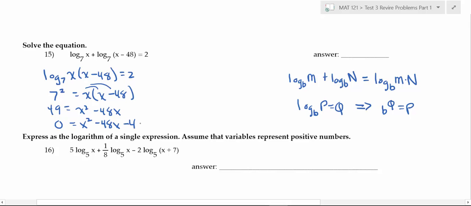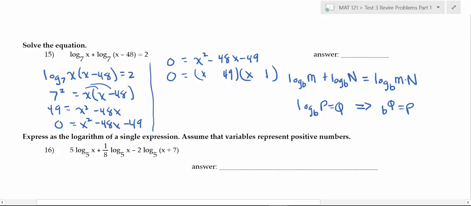Now I'm going to solve this, and it's either going to be factorable or require the quadratic formula. This one should be factorable. So we put x and x, and find numbers that multiply to give 49 and add to 48. That's going to be 49 and 1 with a minus and plus.